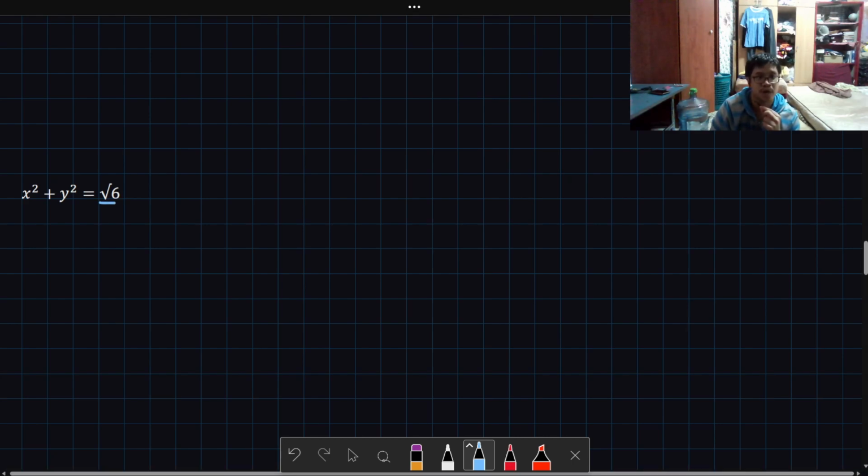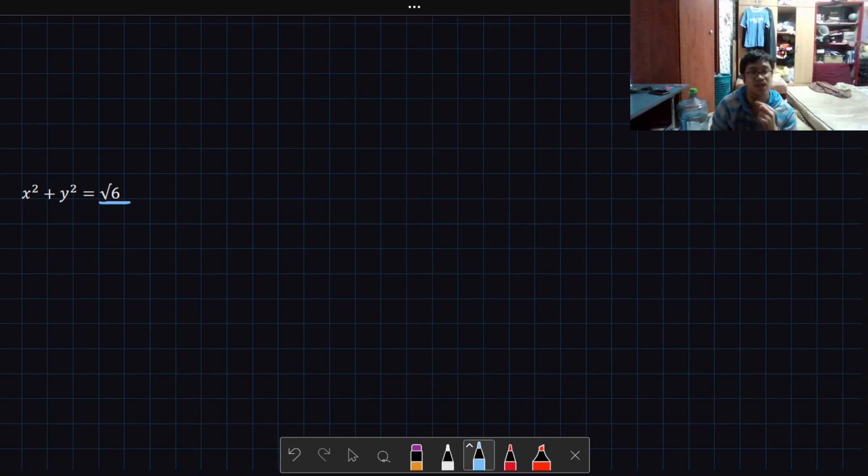Now you see this one, it's square root of 6. Is this still a constant term? Yes, it's still a constant term. It still doesn't change the fact that just because it has a square root sign, it doesn't necessarily mean it is a term that has a variable. Okay, it would be a term that has a variable if there exists a variable.